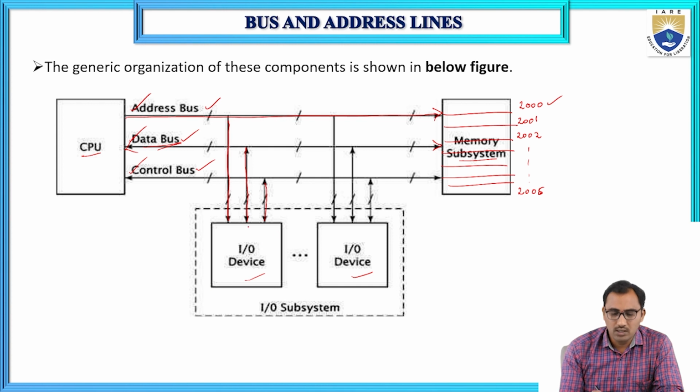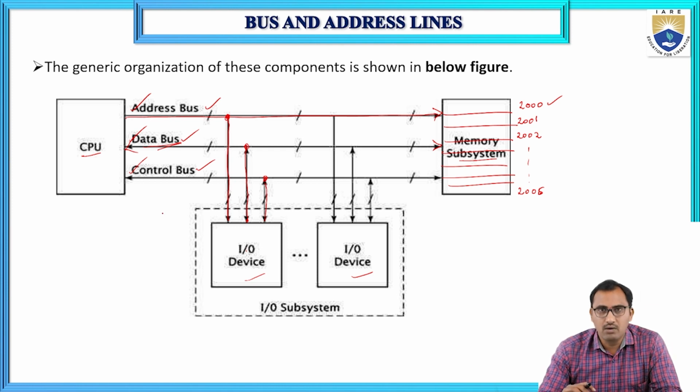All these buses are connected to the respective buses. The address bus of the I/O device will be connected to the address bus of the CPU. Similarly, the data bus of the I/O device will be connected to the data bus of the CPU, and the control bus of the I/O device will be connected to the control bus of the CPU. Like that, we make all the connections.